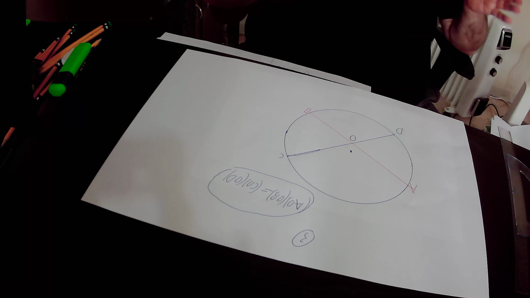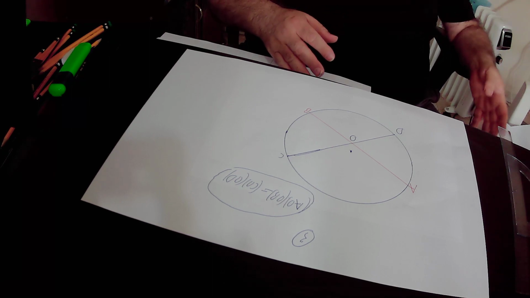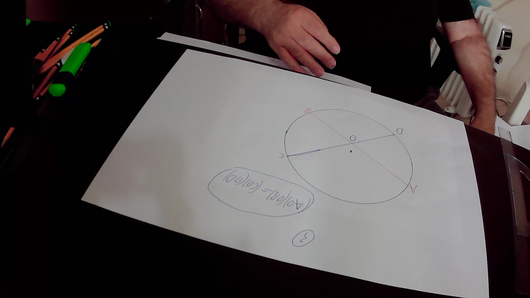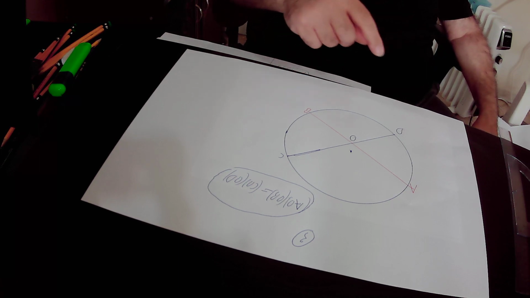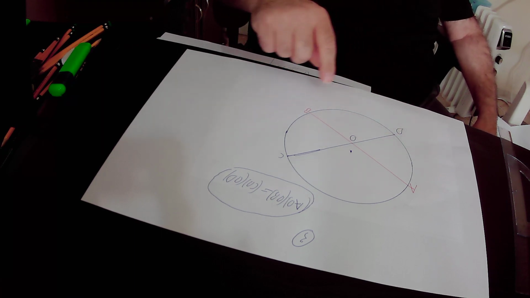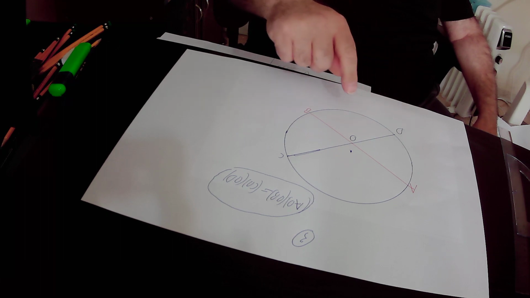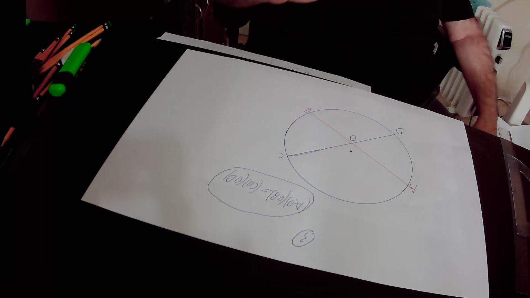Whenever you have two chords that intersect inside the circle, the following relationship exists between their parts. That is to say, AO times OB equals CO times OD.